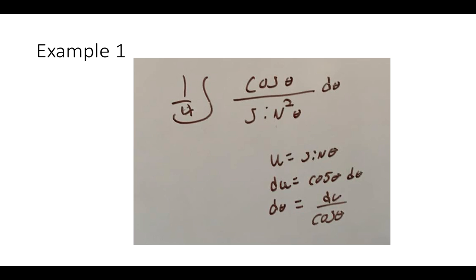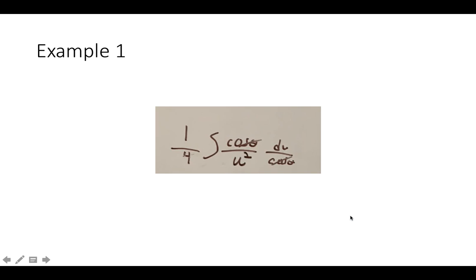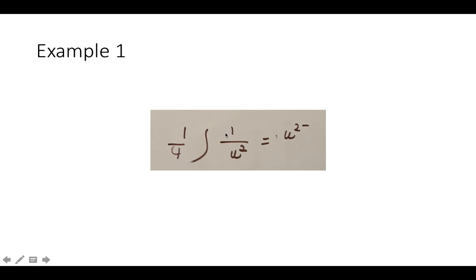And this allows us to do u substitution. It's best to pick u as sine, because if we pick cosine, we can't cancel sine squared out. So we pick u as sine. That makes d theta equal to du over cosine theta, and this enables us to cross out cosine theta on top, and now we're left with 1 over u squared, or u to the negative 2 power.